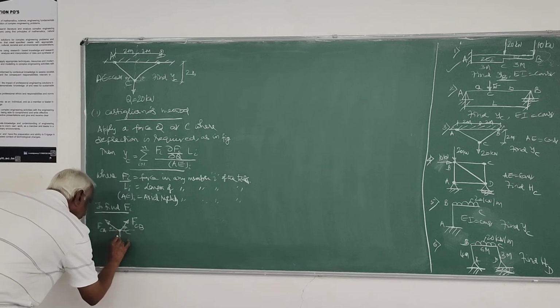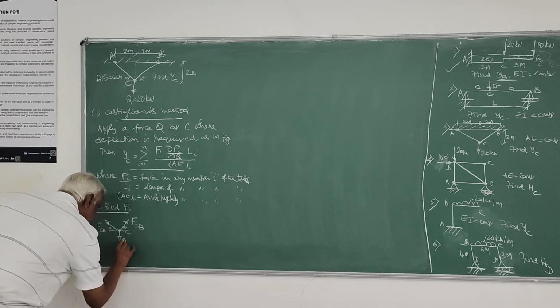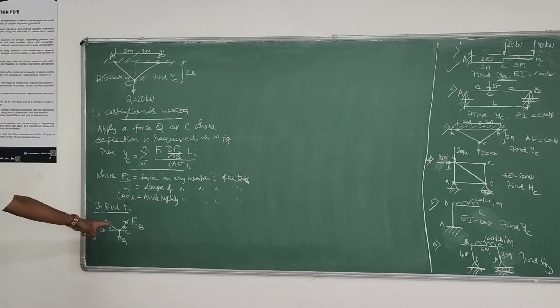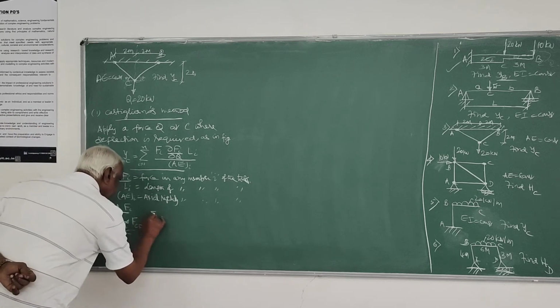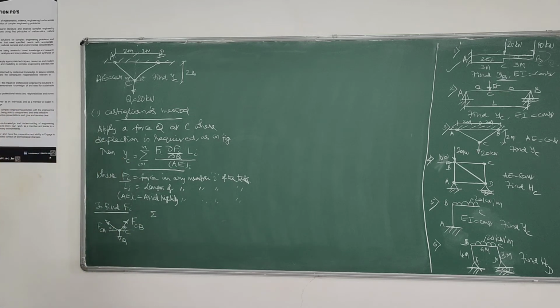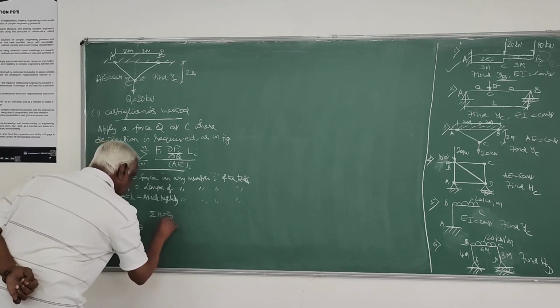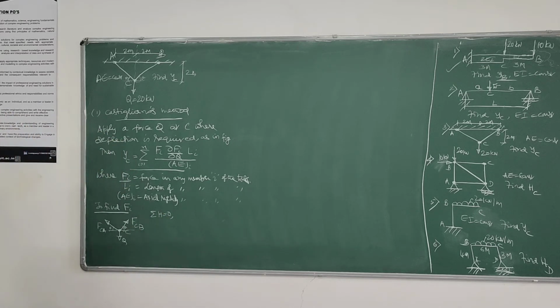So here we have a force Q, and we are applying a force Q at C as indicated. You take this free body diagram of joint C, because only one joint is there. You have two equations of statics, sum of all horizontal forces 0 and sum of all vertical forces 0. First we will take sum of all horizontal forces 0.